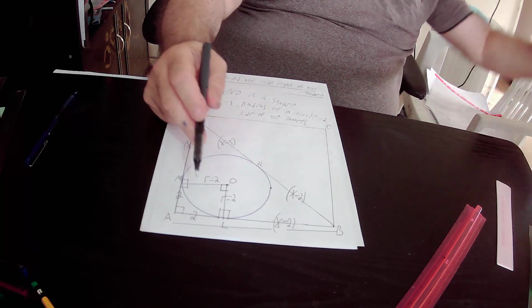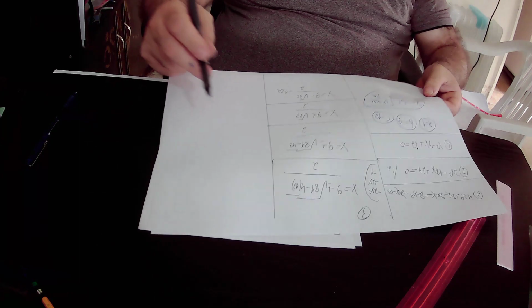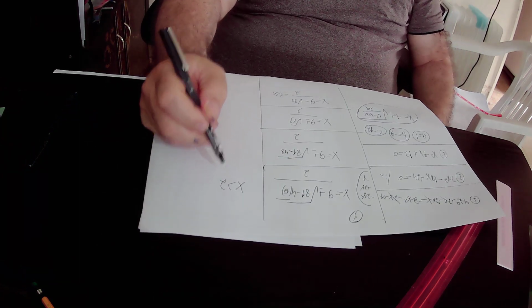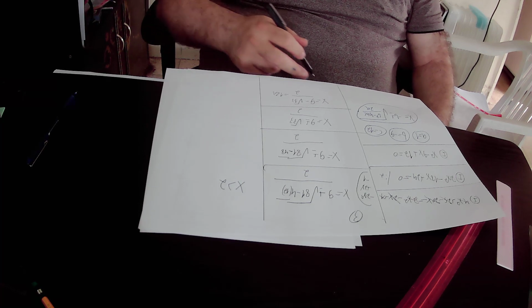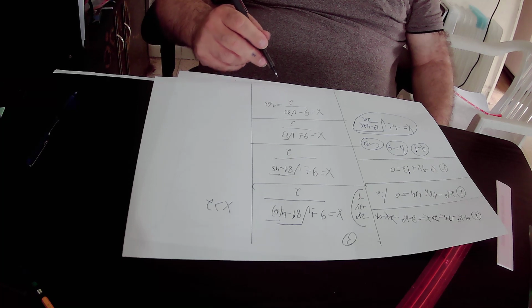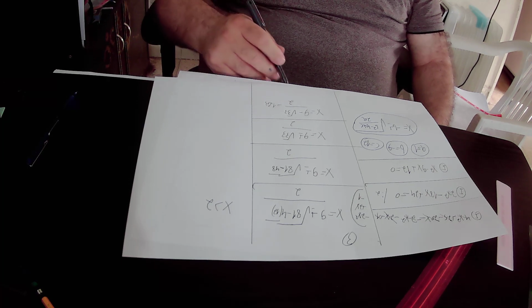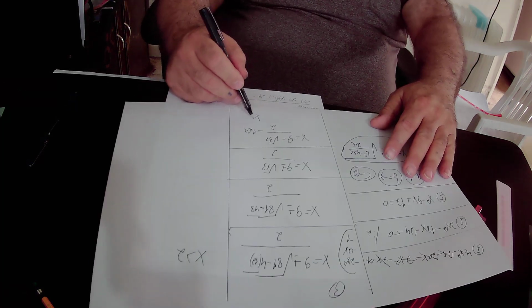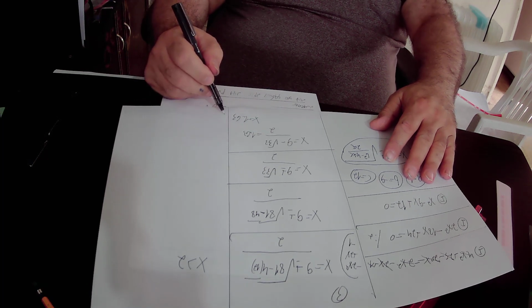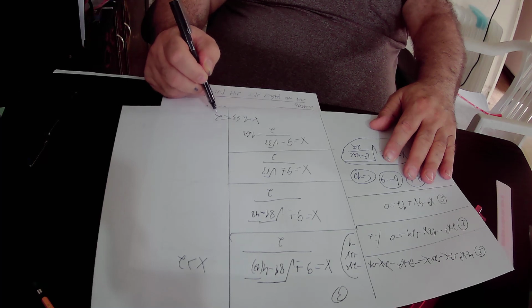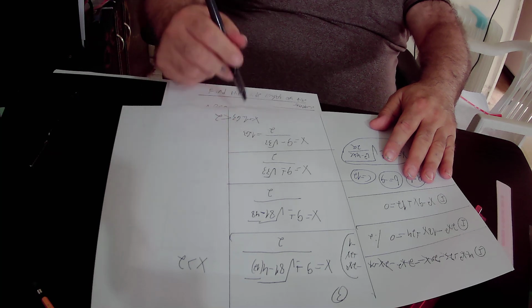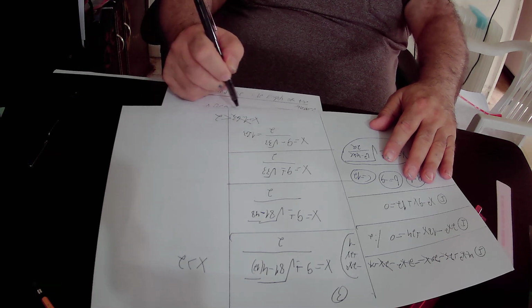So x must be greater than 2 units, and x equal to 1.63 is less than 2 units. So this solution is incorrect.